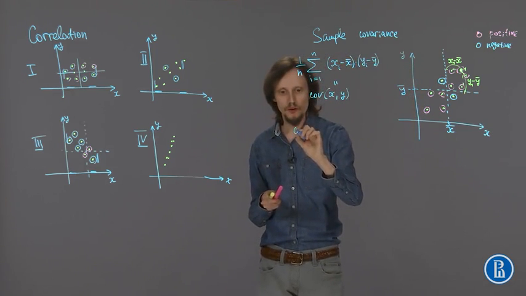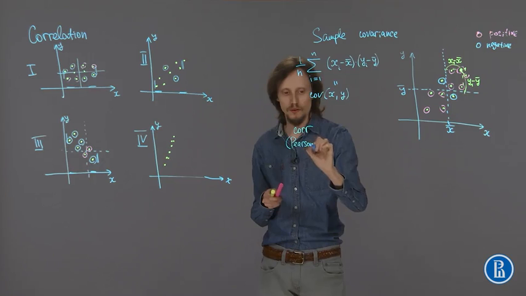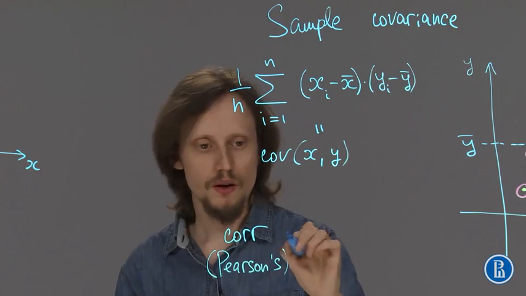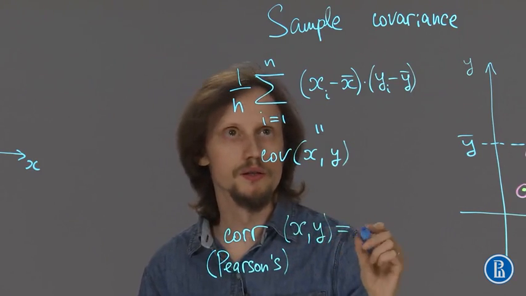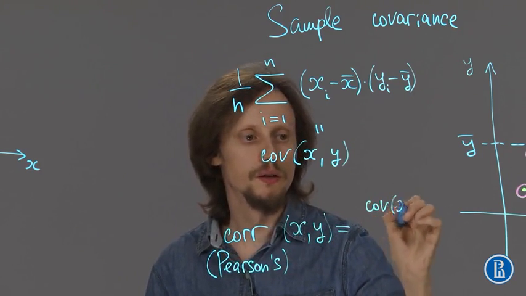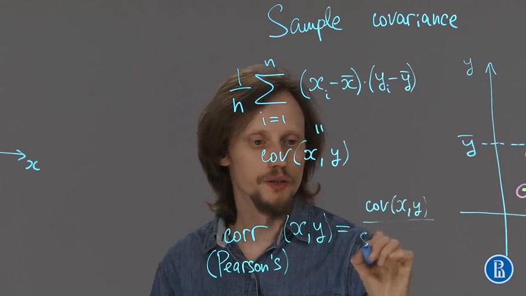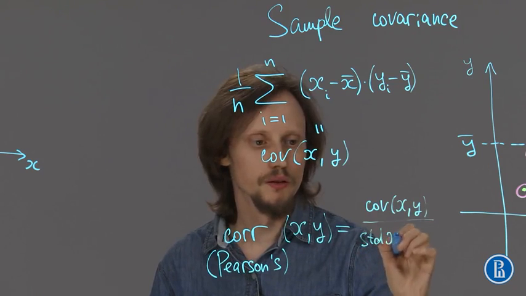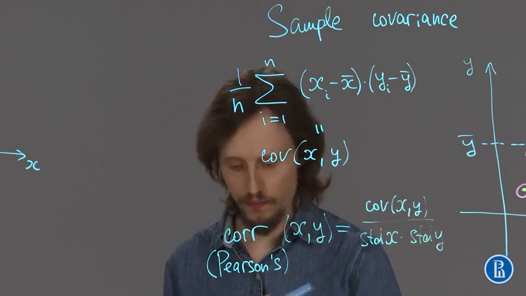So correlation, especially Pearson's correlation of x and y is covariance x and y over standard deviation x times standard deviation y.